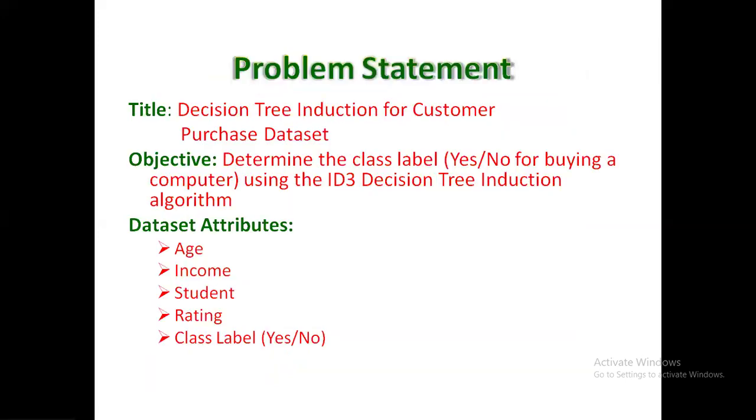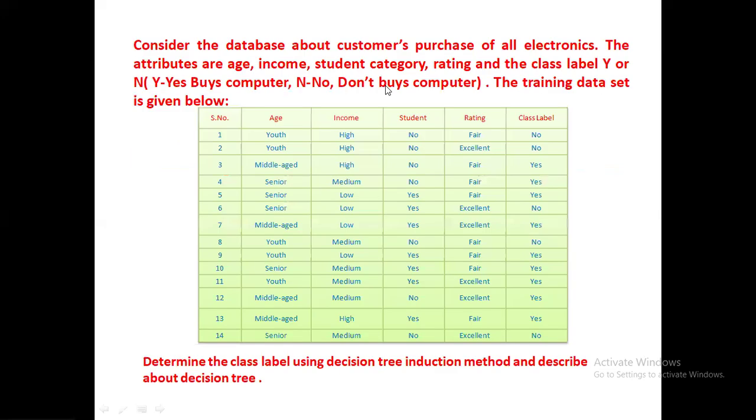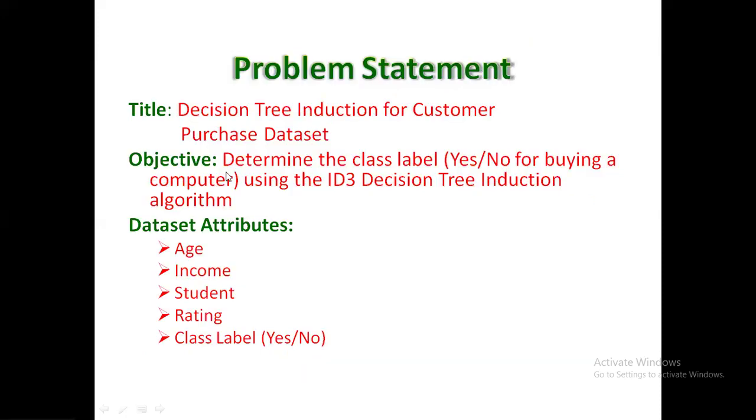The problem statement is to analyze the purchase behavior based on attributes. What are the attributes in the problem given? Age, income, student category, rating, class label. The primary goal of this analysis is to understand the decision making process behind customers' purchases of electronics.